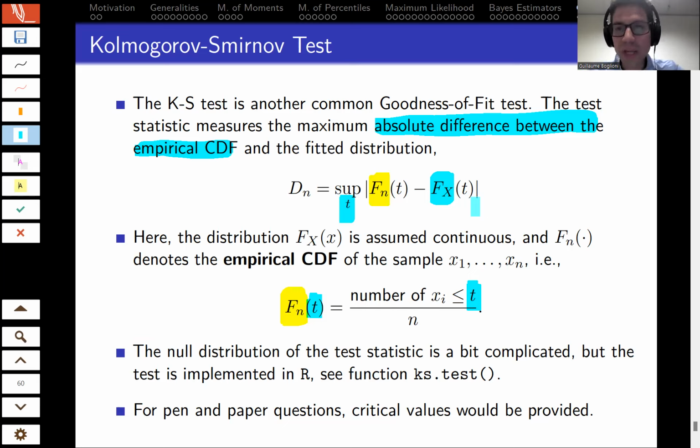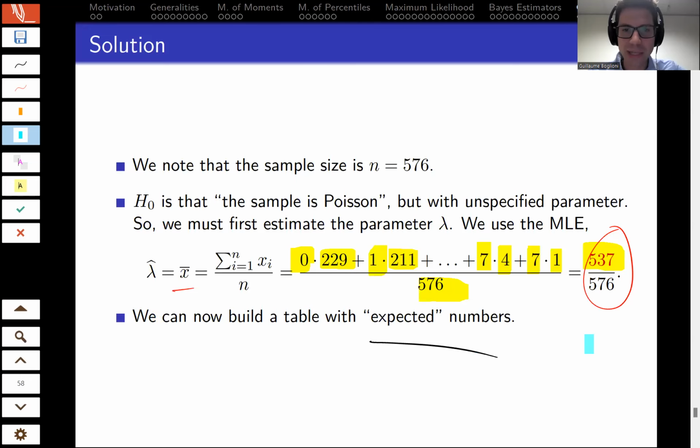Now, operationally, to compute this by pen and paper is not hard. It's just a bit tedious. Just another point is that the null distribution of the test statistic is a bit complicated, in the sense that it's not a nice neat distribution that we're familiar with, like the chi-square or a normal.